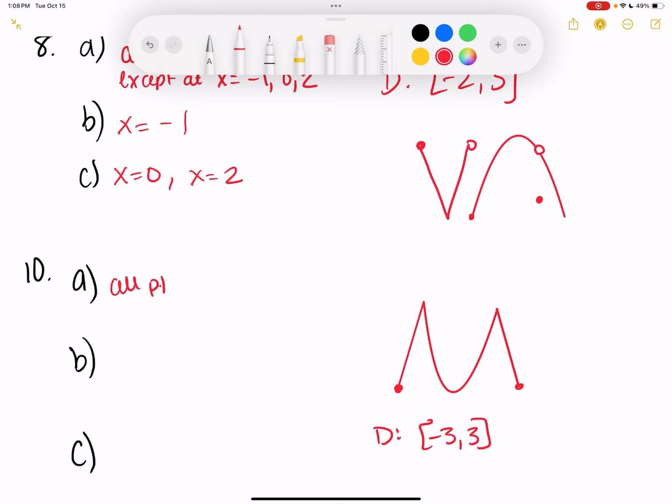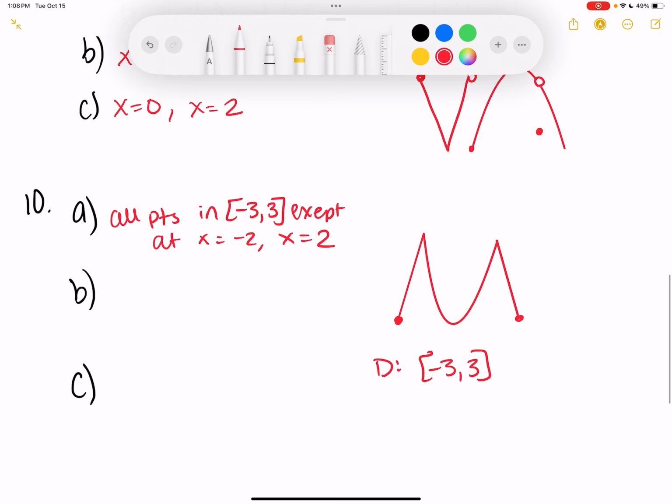So all points in -3 to 3 except at x equals -2 and x equals 2. Or you could just write -2, comma 2. The book writes them all simultaneously when they give you the answers, but either way is fine.